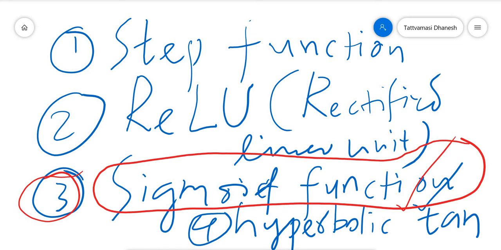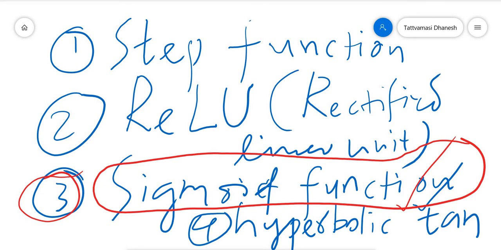So these are the four types of activation functions we use in artificial neural networks: step function, ReLU function, sigmoid function, and hyperbolic tan. ReLU means a linear function, represented by y is equal to mx plus b.